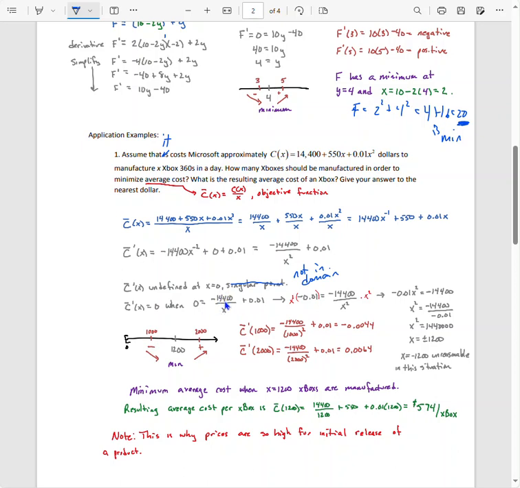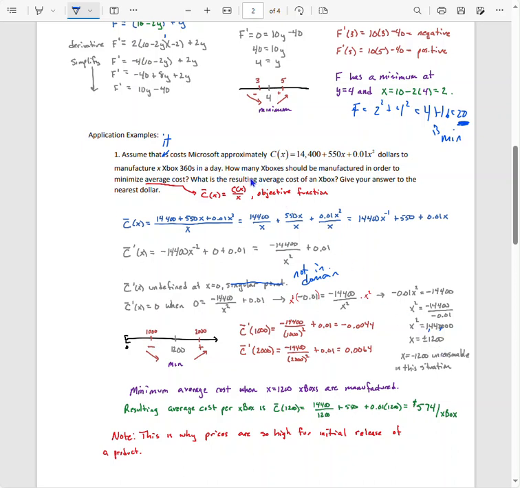It would have been so much easier. I'm trying to get the x by itself, right? I subtract the 0.01 from both sides, multiply both sides by the common denominator of x squared, and then divide by the negative 0.01 to get x squared equals, there we go, 1,440,000. If I take the square root, that one's really nice. X equals plus or minus 1,200.